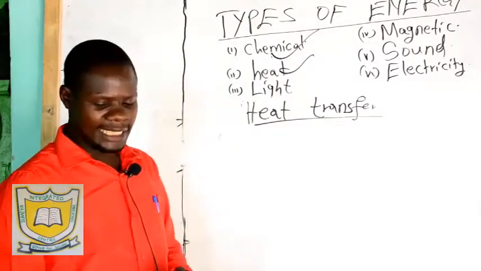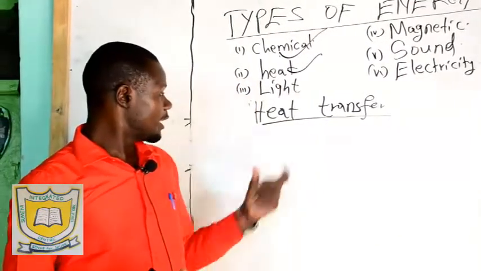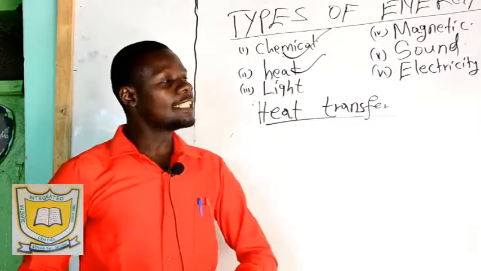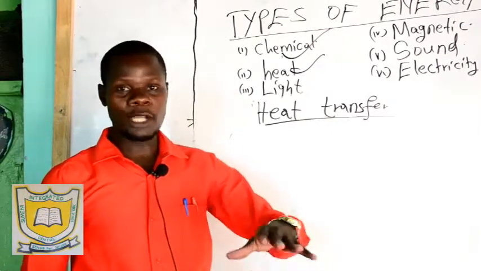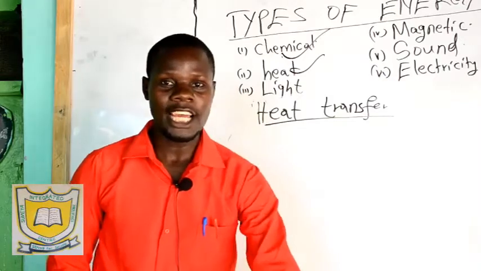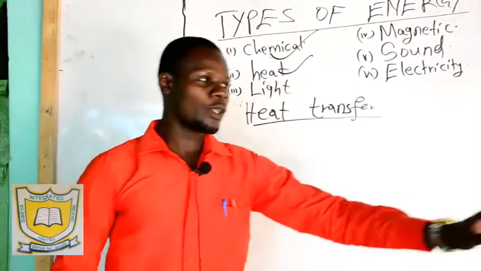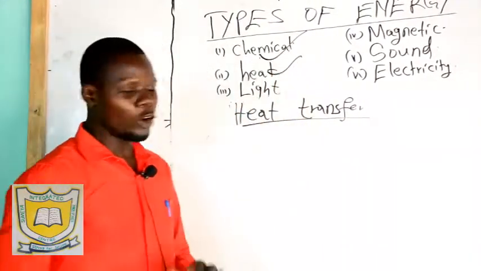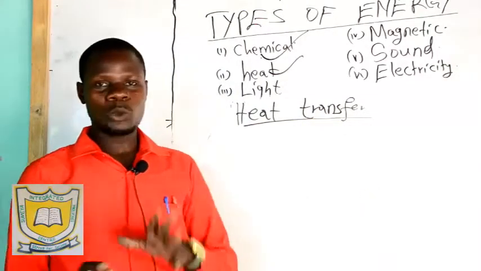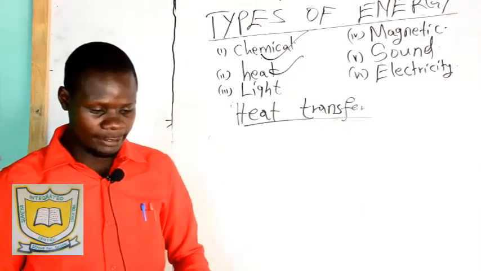So how is heat transferred? Heat is transferred because of difference in temperature. You find that if there is a place that is having a lot of temperature, heat will move from that place to the place which is cooler. Or if it is along an object, we have to talk about heat transfer.